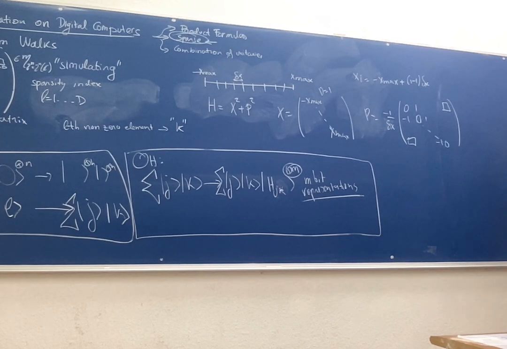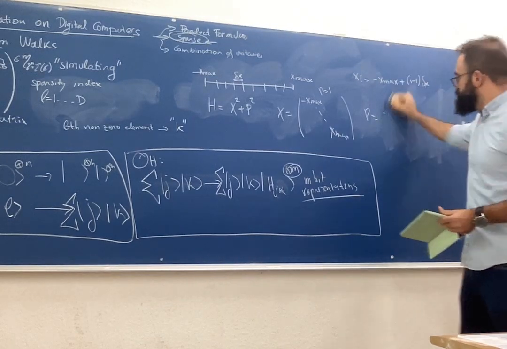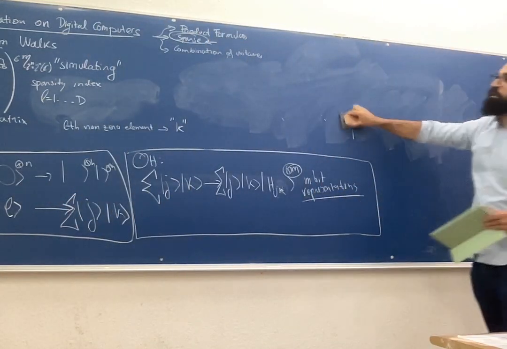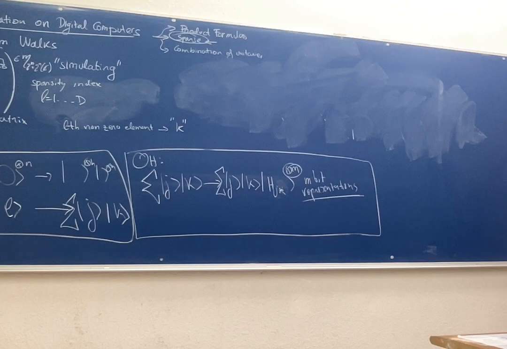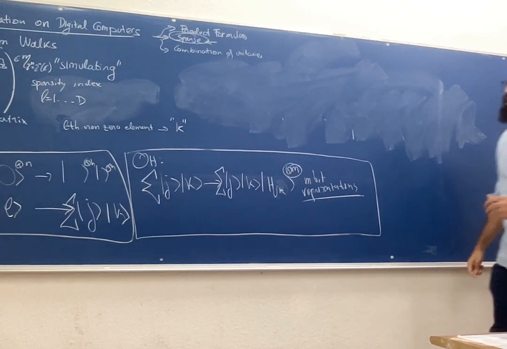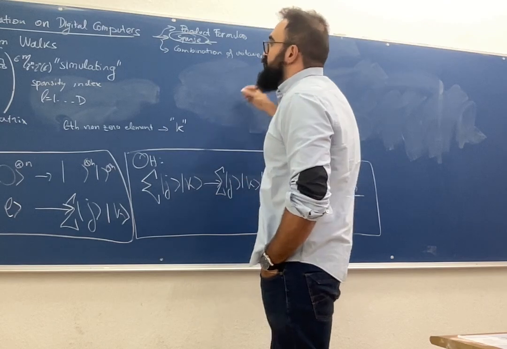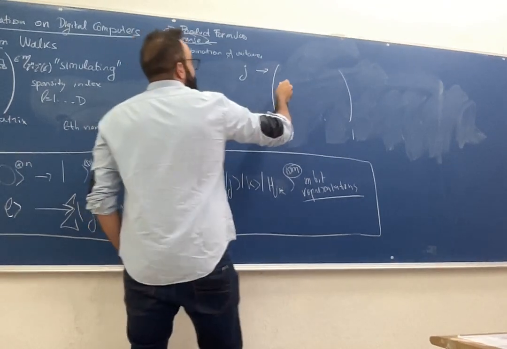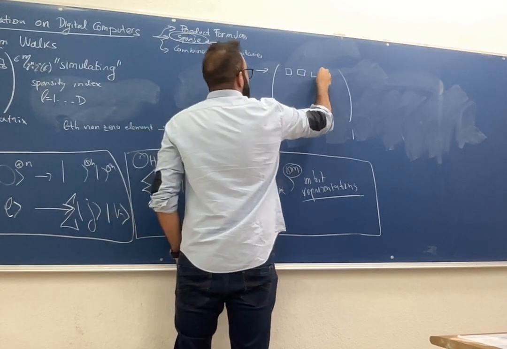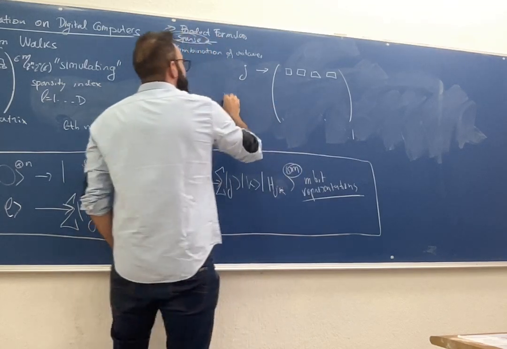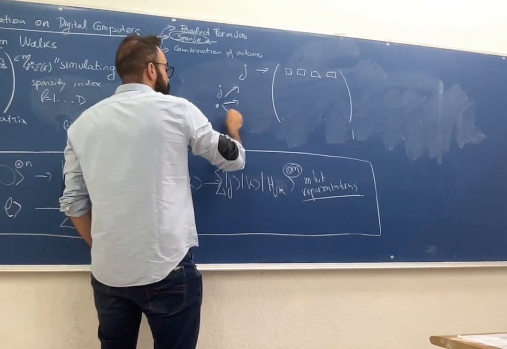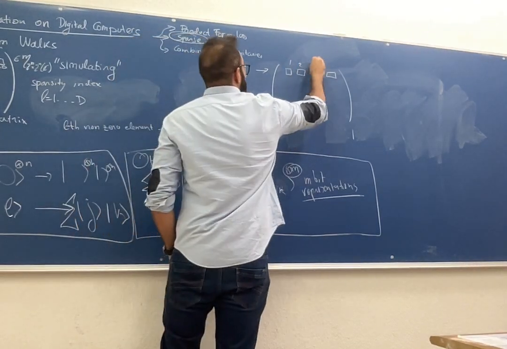Okay, so that being said, I'm going to introduce what a quantum random walk is and why it is important. So now that we have our Hamiltonian, let's think of our Hamiltonian as a graph, such that for every row J, we imagine that the values of this row are going to give us probabilities of going from the node J to the different possibilities, so 1, 2, 3, 4.